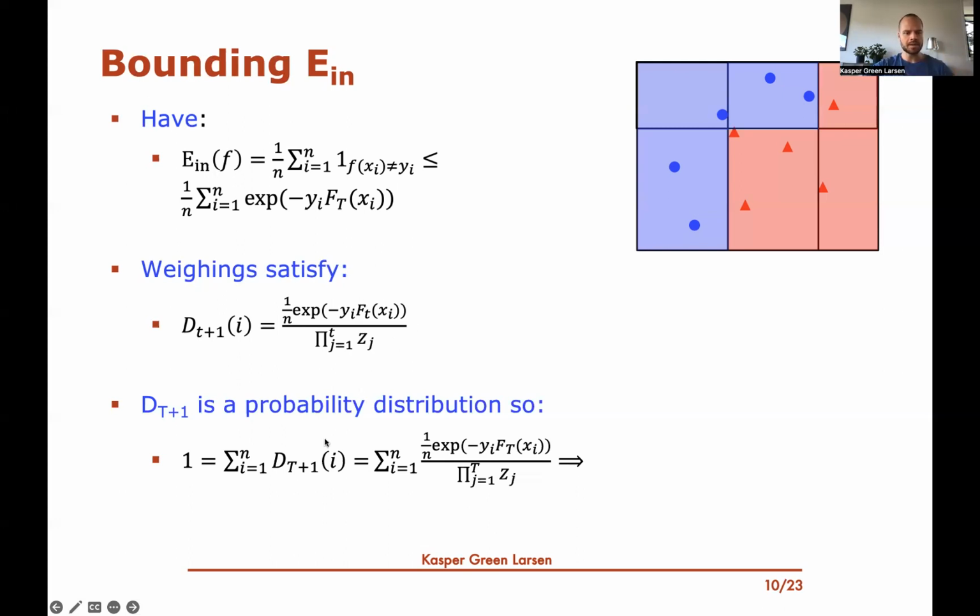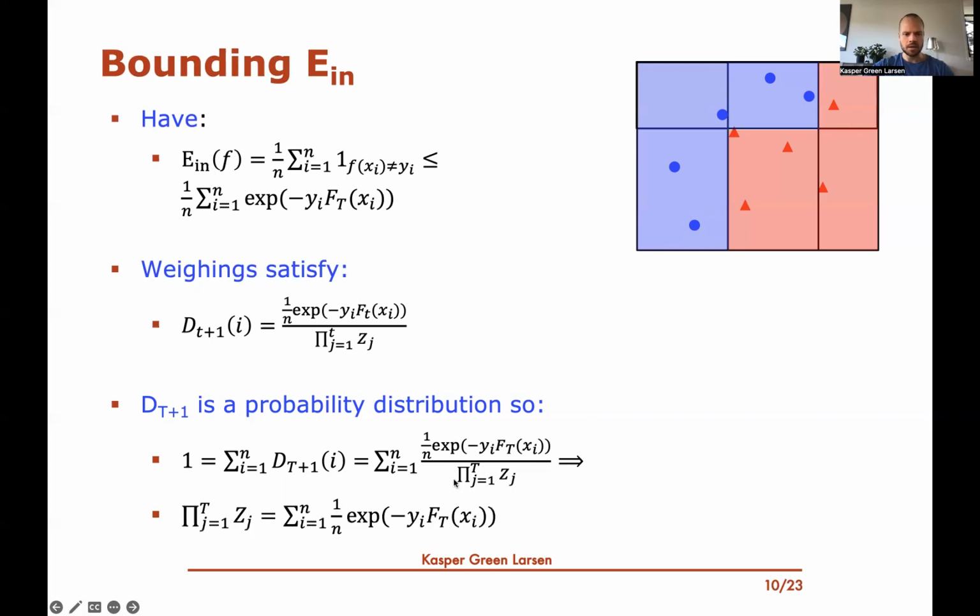Which means that if we sum all the weights in iteration t plus 1, we're going to get 1. But by this expression up here for the weights, we're also going to get the sum from 1 to n of this expression up here. This is just by this rewriting of the weights that we saw before. Now we have that 1 is equal to this sum here.